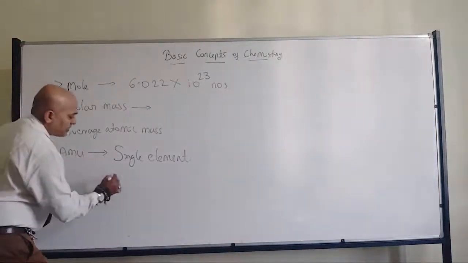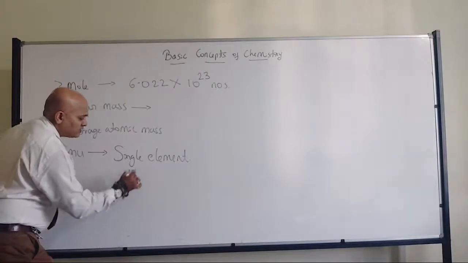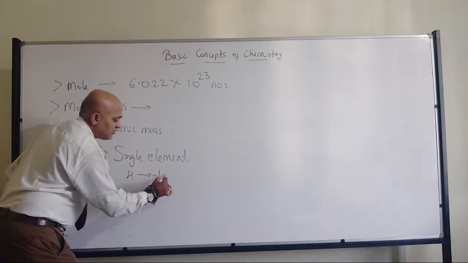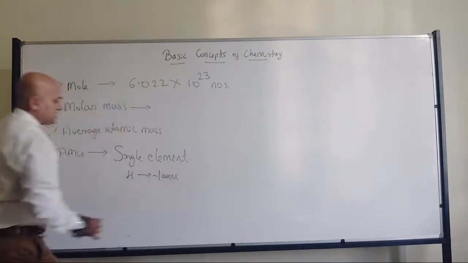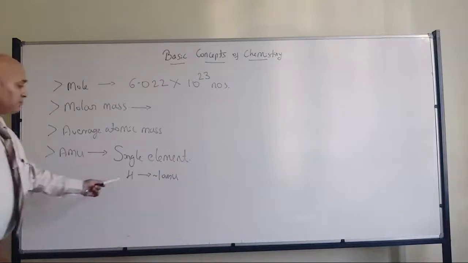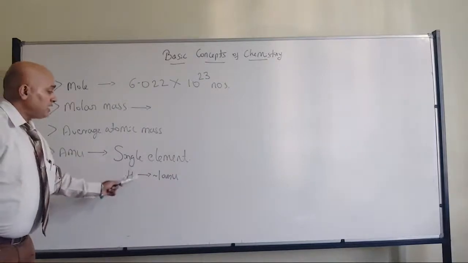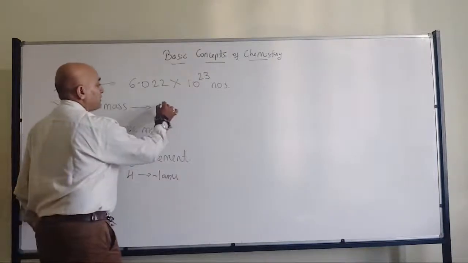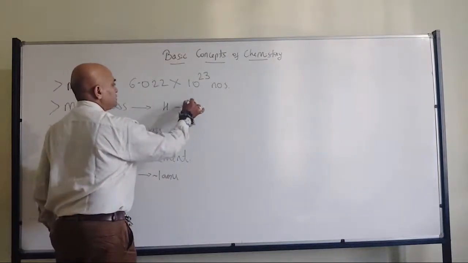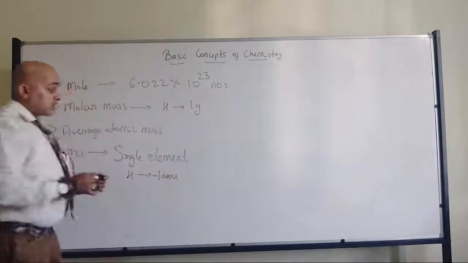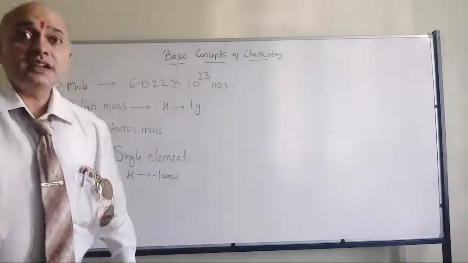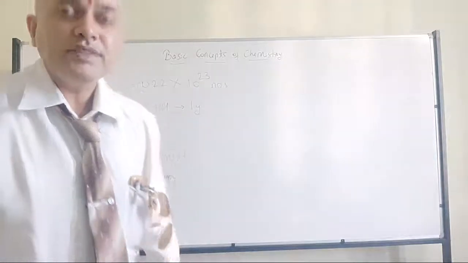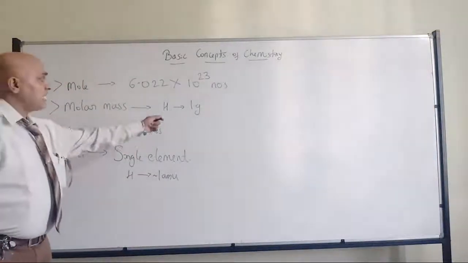See, for example, when I am talking about atomic mass unit, for hydrogen atom, it is nearly 1 atomic mass unit. That means we are talking about 1 hydrogen atom. But when I am talking about molar mass, the same hydrogen will be written as 1 gram, which will be expressed in terms of grams.